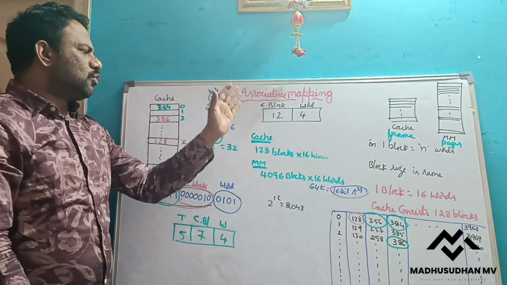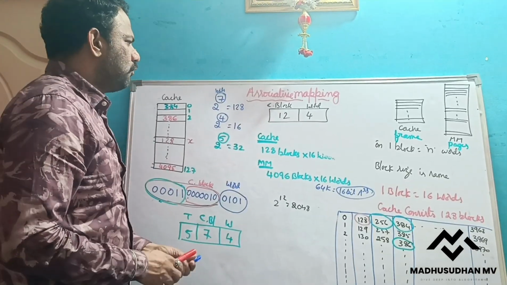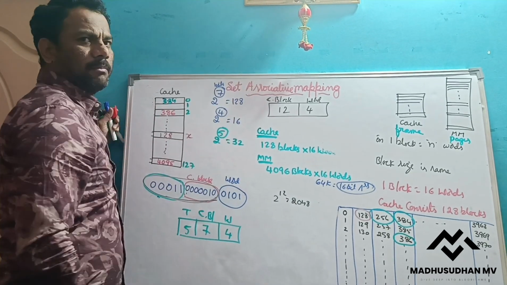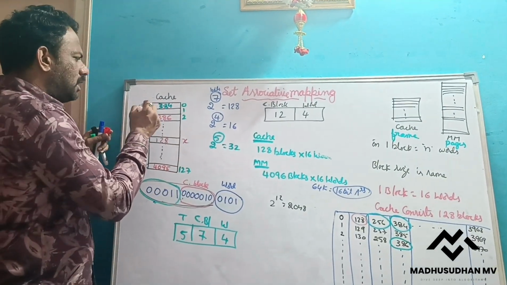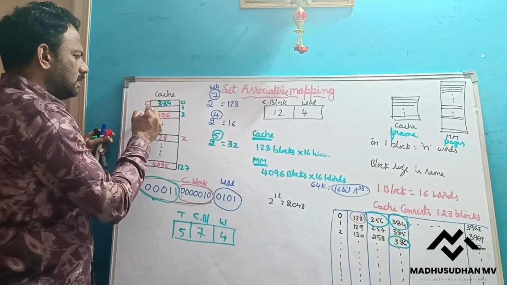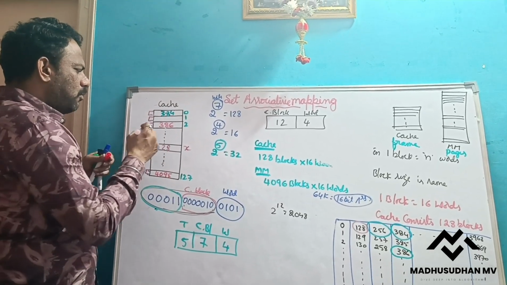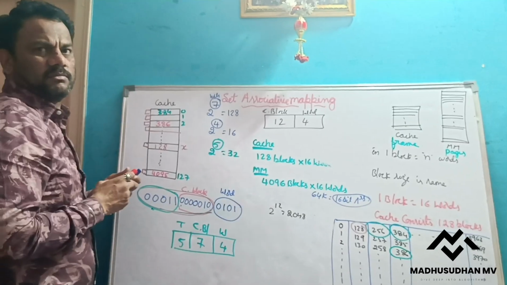So to overcome the disadvantage of associative mapping, we go for one more mapping called set-associative mapping. In set-associative mapping, we again use the tag. Now I am grouping these blocks into sets.